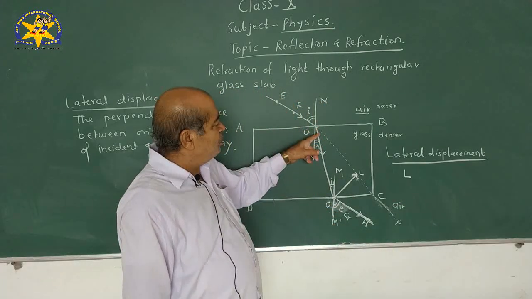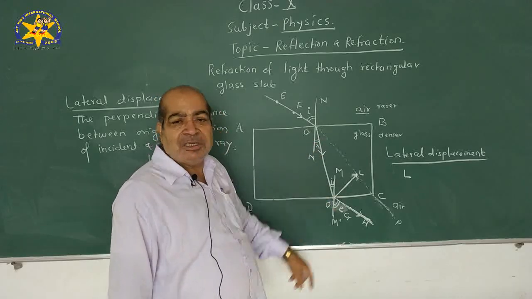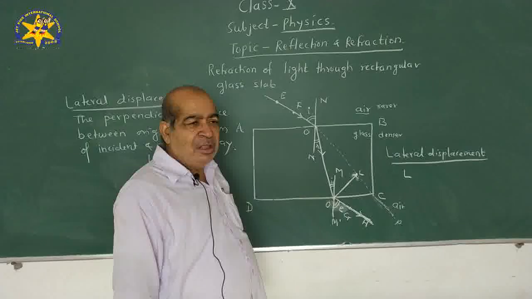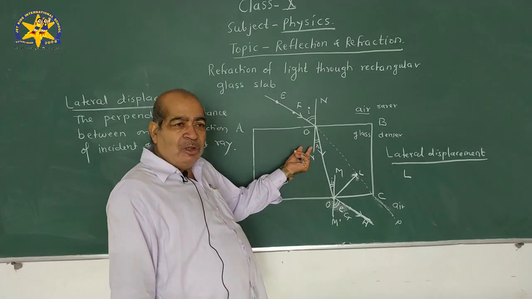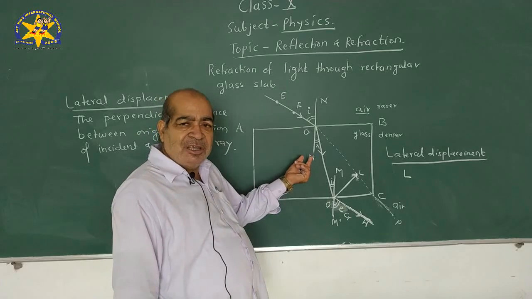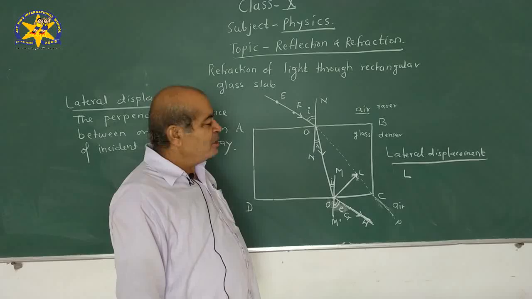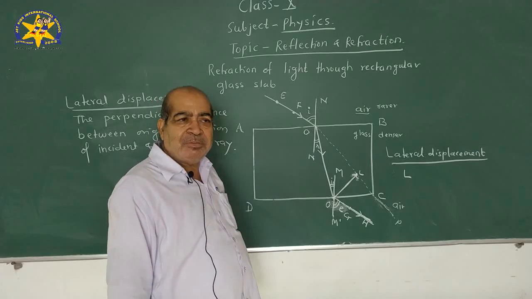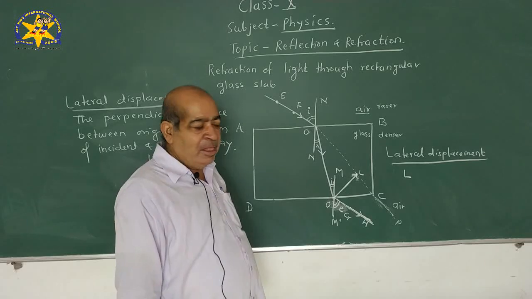That means at point O it bends towards the normal, and at point O dash it bends away from the normal. The amount of bending in both cases is equal and opposite. Hence, the emergent ray is always parallel to the direction of the incident ray.